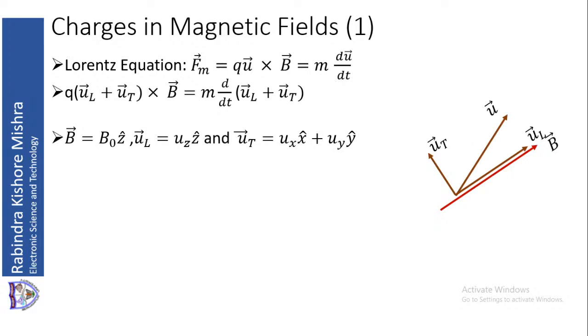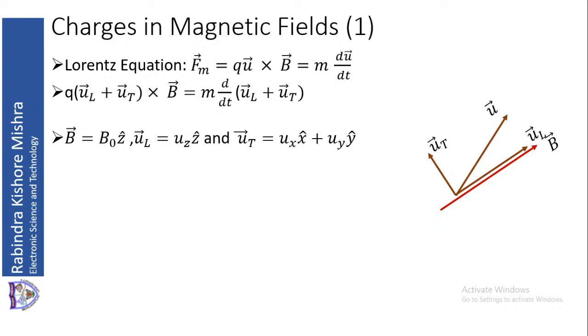Therefore, we can write the equation q u cross b is equal to m du by dt. In place of u, just replace u with ul plus ut. That gives me the second equation: q (ul plus ut) cross b is equal to m d by dt of (ul plus ut).